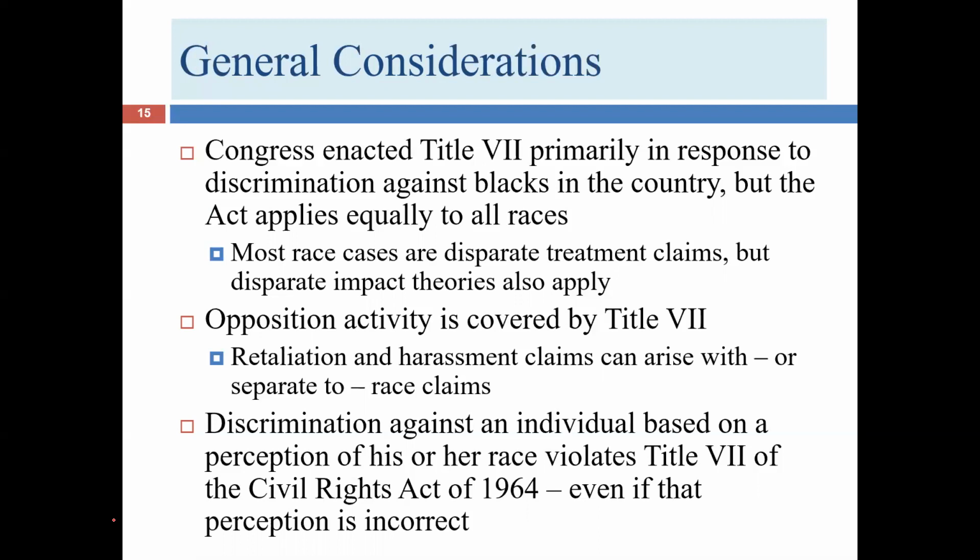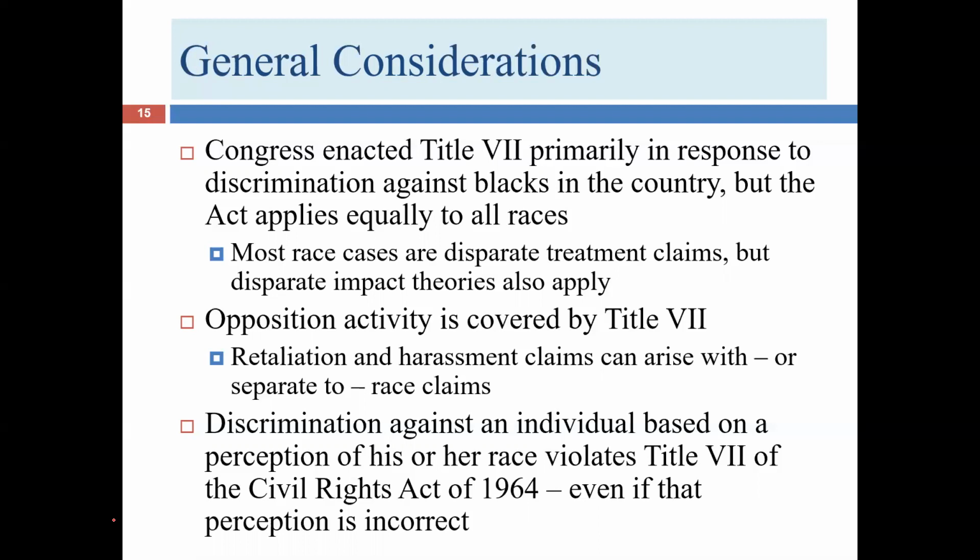Oppositional activity is also covered. That's typically retaliation type claims, and we'll talk about that in more detail as we go forward in this module. You can also have racial harassment. Racial harassment in many senses parallels the law for sexual harassment, but there are some important differences, and we'll talk about those. You can even have discrimination situations arising where somebody is misidentified as an African American.